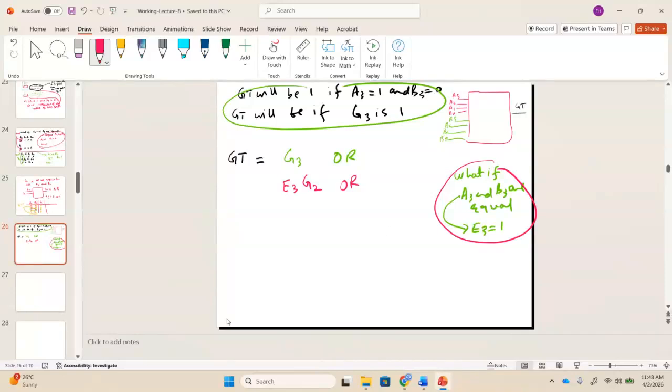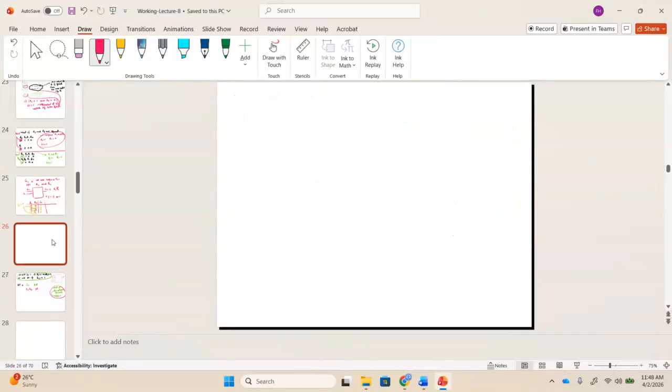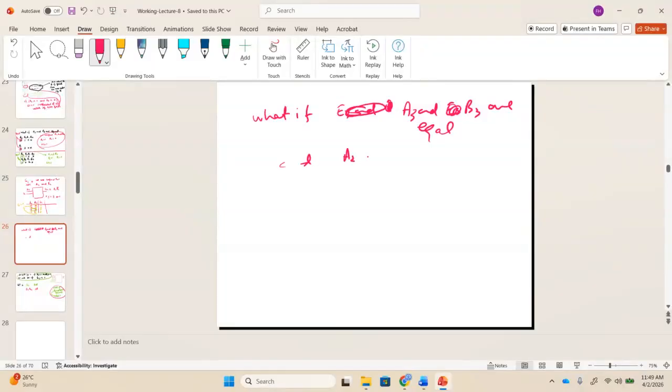Or now the other condition is this: what if a3 and b3 are equal, e3, and a2 and b2 are equal? So we need to compare a1 and b1. Let's assume this is a3, a2, a1, a0, and this is b3, b2, b1, b0.